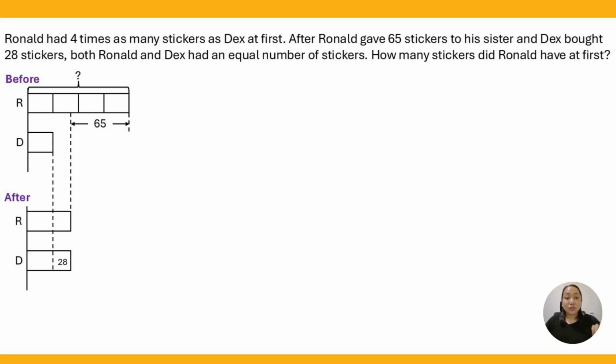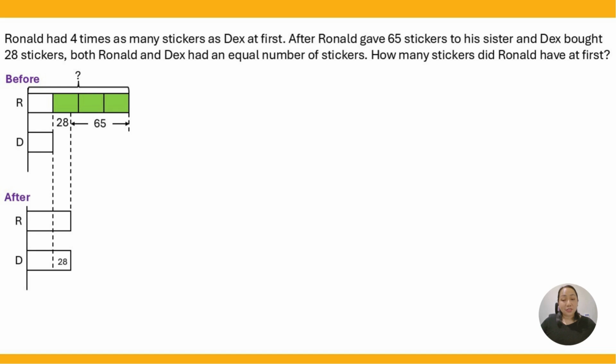So let's draw a long broken line to connect the before and the after model of Dex and to highlight the difference between the two. Then we will mark the difference between the before and after model of Dex 28. This means we can also label that shorter part of Ronald's bar in the before model 28.